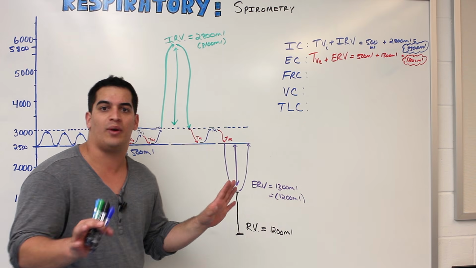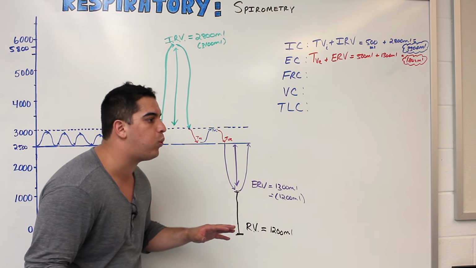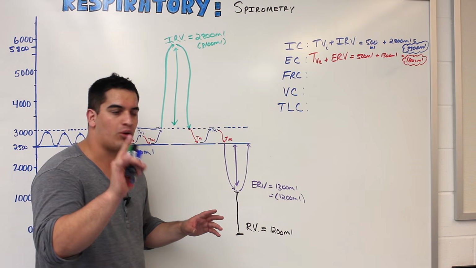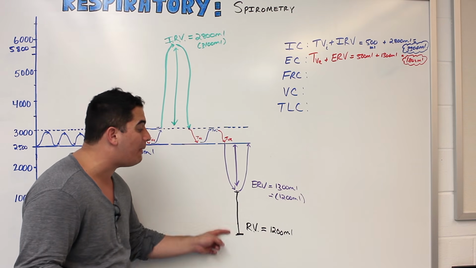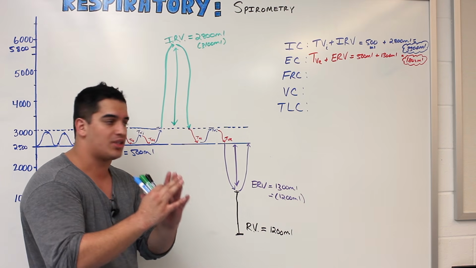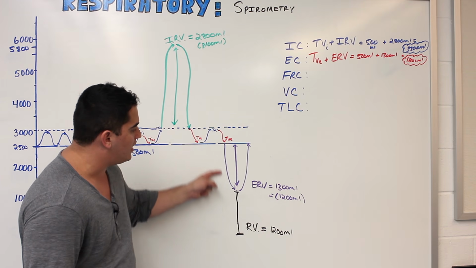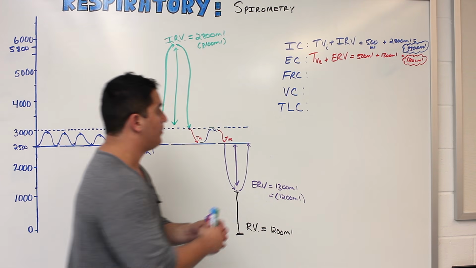I don't even have to do anything, that's already there. But remember I told you I have to have a certain volume of air remaining in my lungs so that they don't collapse. So my functional residual capacity is the ERV plus the RV.